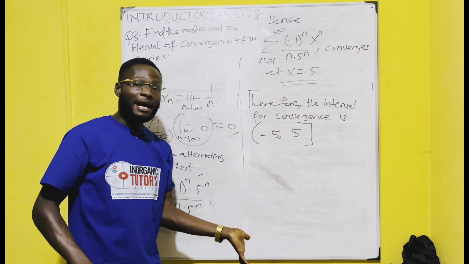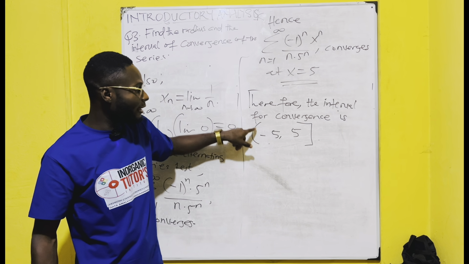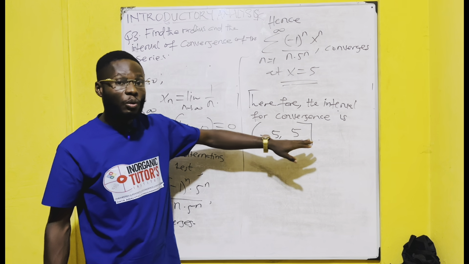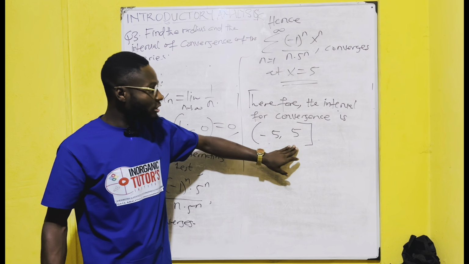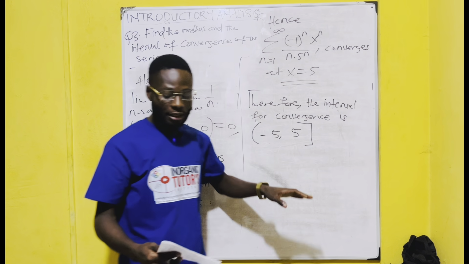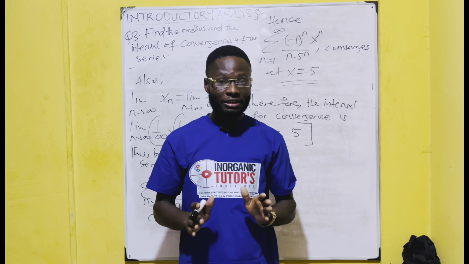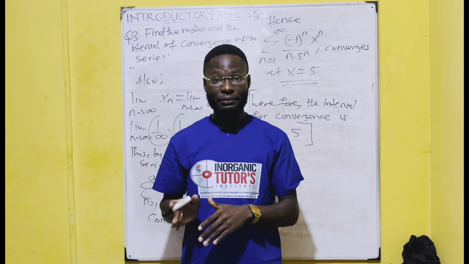If you have a diverged one, then the bracket is going to what? Open at that side. If it is converging, then the bracket is what? Going to close. So that is for this particular problem. So you see how the problem is. It's so interesting, but you have to follow the principles of the series, the power series.